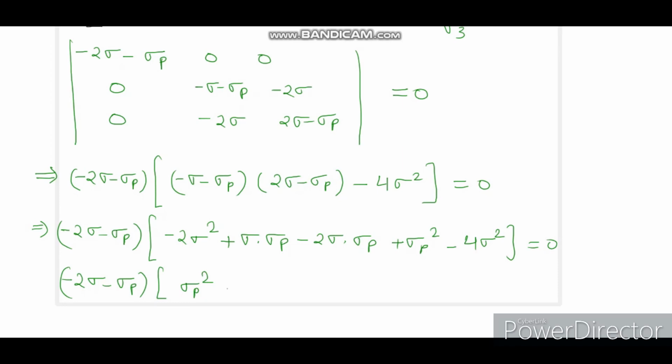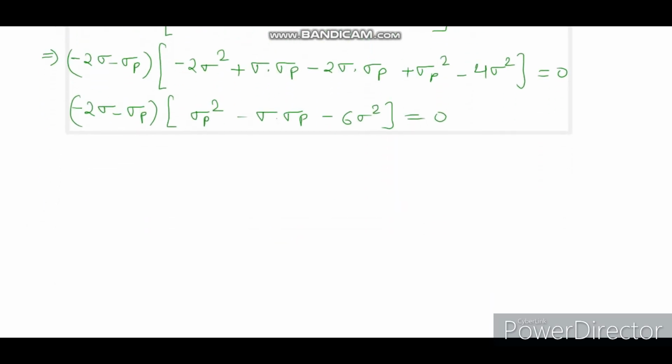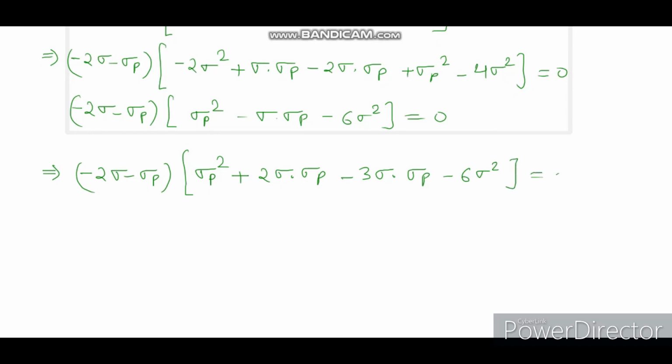We can write it as minus sigma into sigma p minus 6 sigma square equals to 0. Again simplifying, we get minus 2 sigma minus sigma p. Here we can write it as sigma p square plus 2 sigma into sigma p minus 3 sigma into sigma p minus 6 sigma square equals to 0.